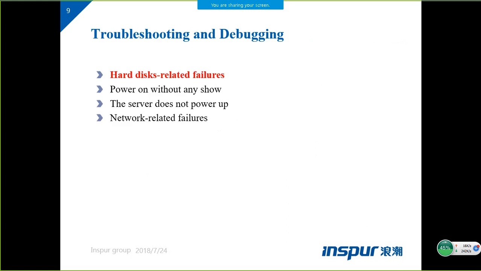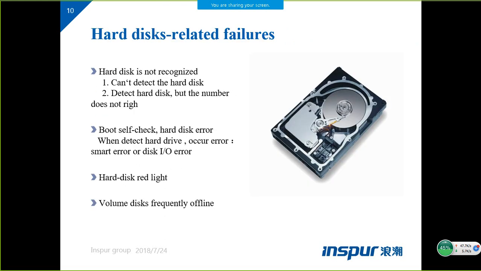And here is about the hard disk related failure. The hard disk is not recognized. It can't be shown in the RAID card. Maybe you can see the hard drive in the RAID card or in the bus or in the system, but the sequence, the order is not correct in the OS.